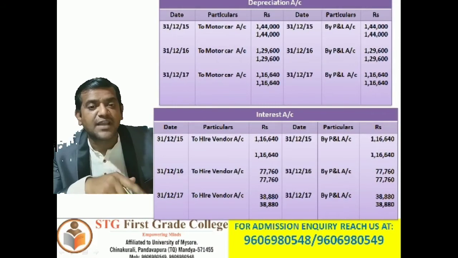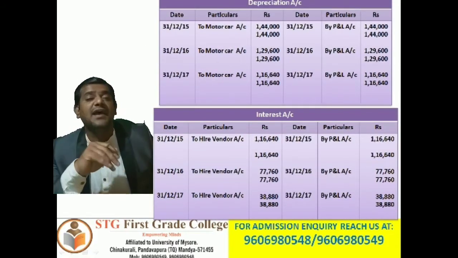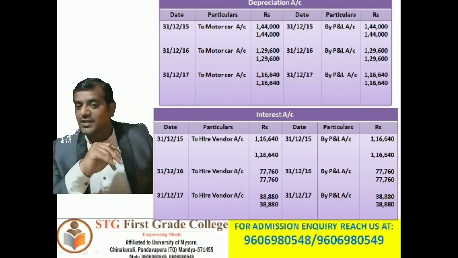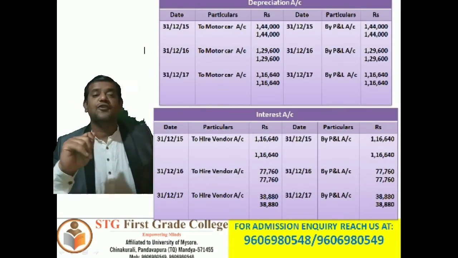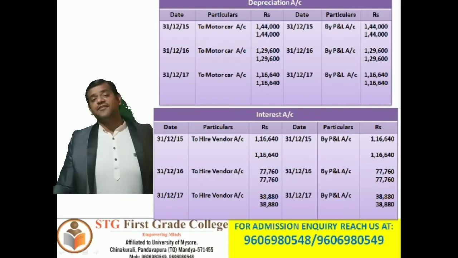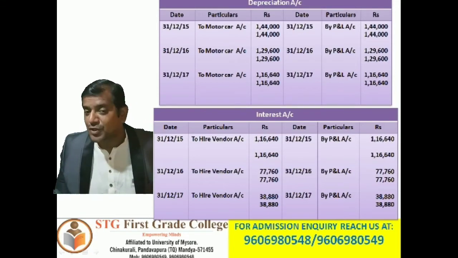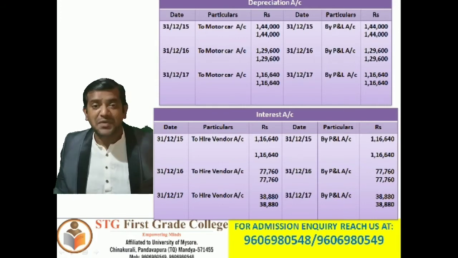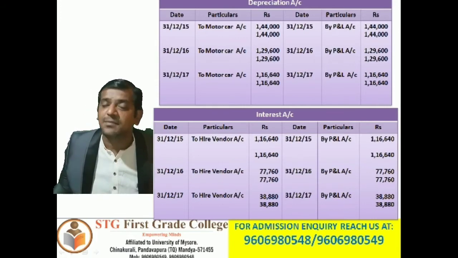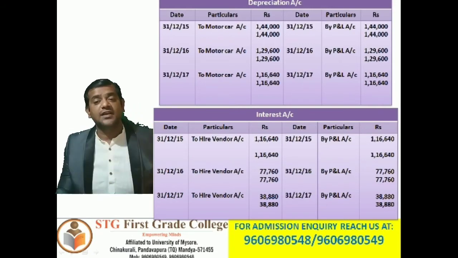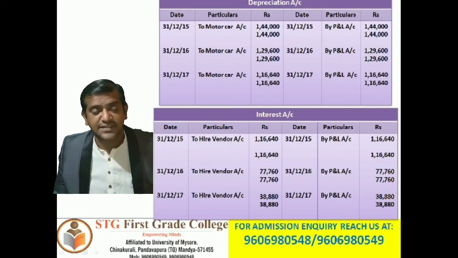31/12/2015 on the debit side, to motor car account, 1,44,000. 31/12/2015, that will be transferred to P&L account, 1,44,000. Again on 31/12/2016, to motor car account, 1,29,600, and on 31/12/2016 by P&L account, 1,29,600.